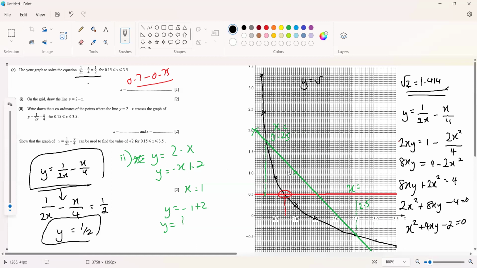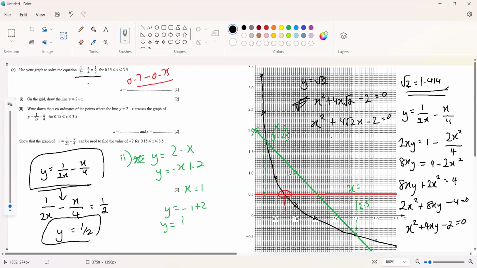So y equals root 2. Let's just pretend that first. So root 2 will be x squared plus 4x root 2 minus 2 equals 0. And then we have a quadratic: x squared plus 4 root 2 x minus 2 equals 0.